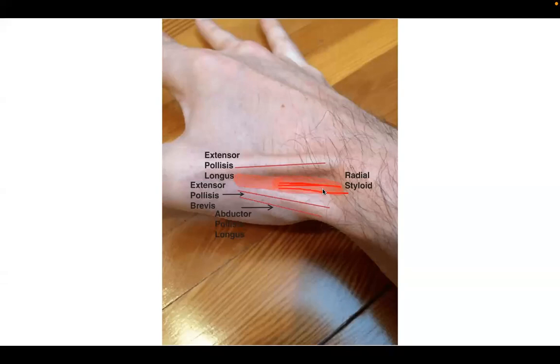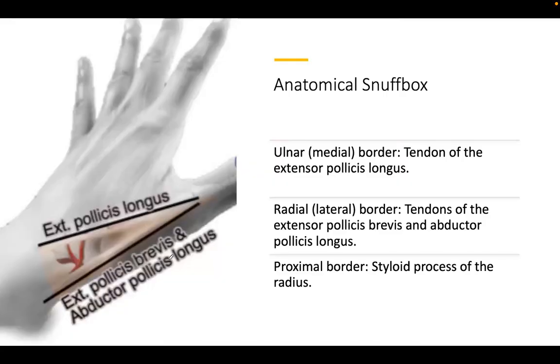This is the radial artery. You can feel the pulse of the radial artery in the area of the anatomic snuff box. Now, tip, do not even attempt to sleep tonight if you don't memorize the boundaries of the anatomic snuff box.